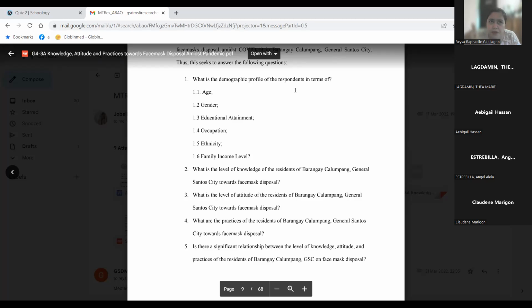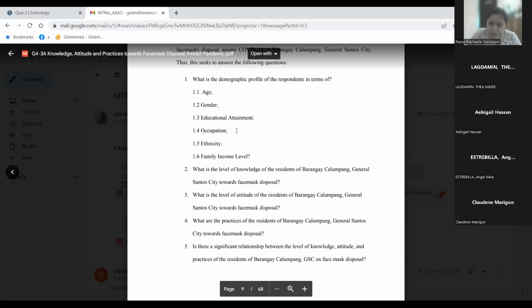So, if age goes up, does it mean their practice of proper disposal also goes up, or their knowledge of disposing of face masks? That is what is being looked for when you look at the relationship between the demographic profile and the variables. Their paper is rather thick because they have many questions to answer in the findings of the study.